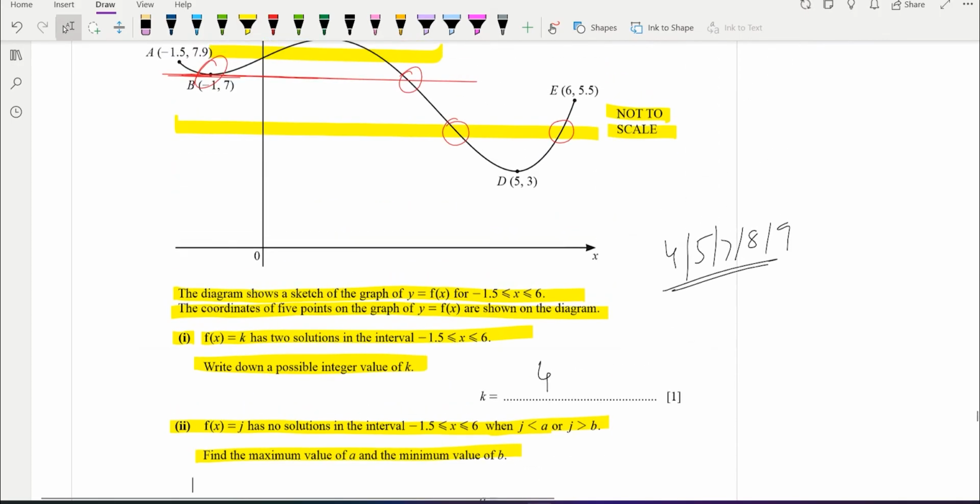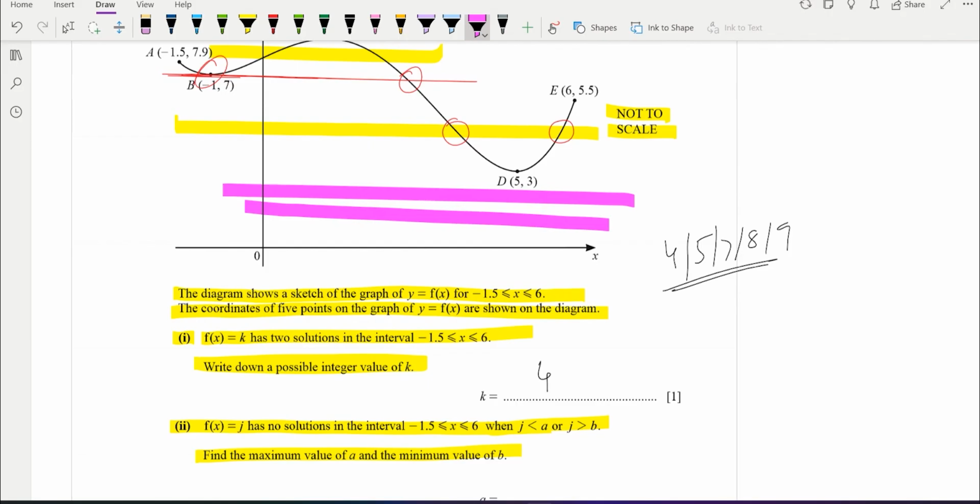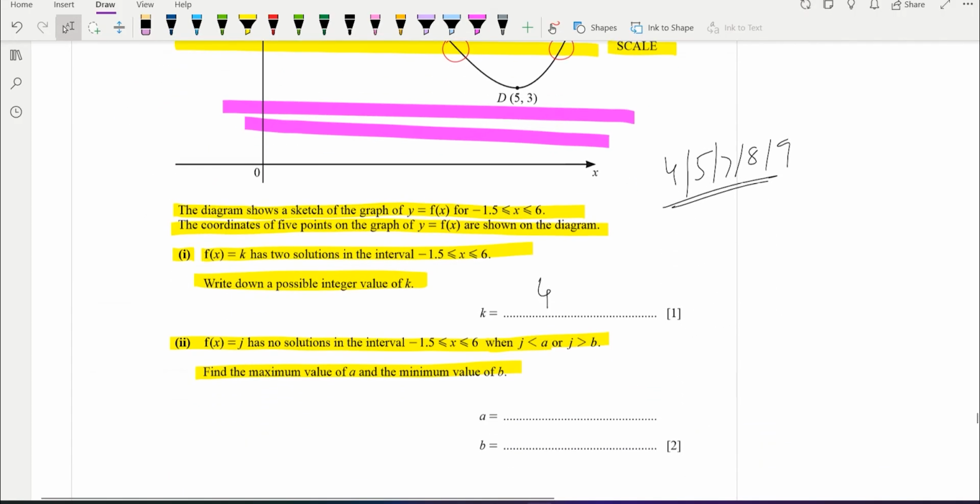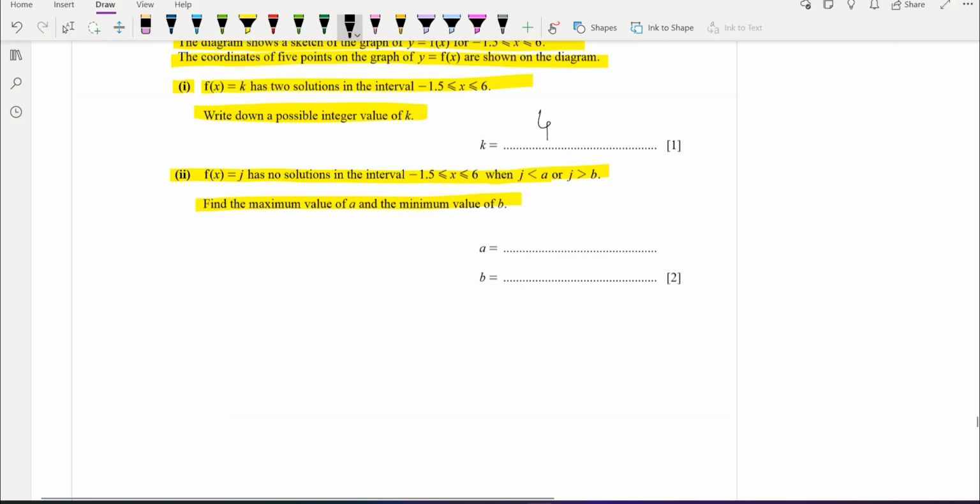If we draw a line over here, it will not be intersecting the curve anywhere, and above this also it will not be intersecting. So we can write j less than 3, and j greater than 10. So a value will be 3, b value will be 10. This is the answer for 2 marks.